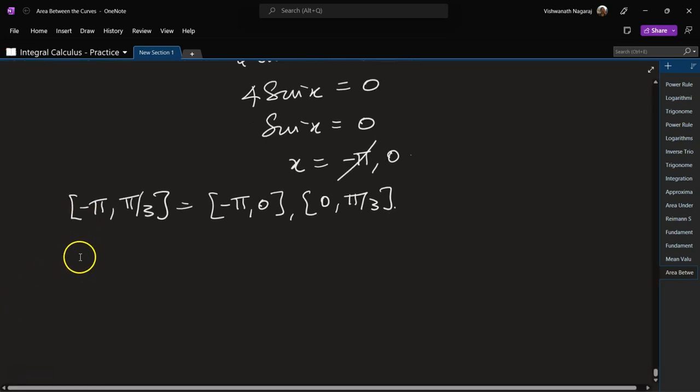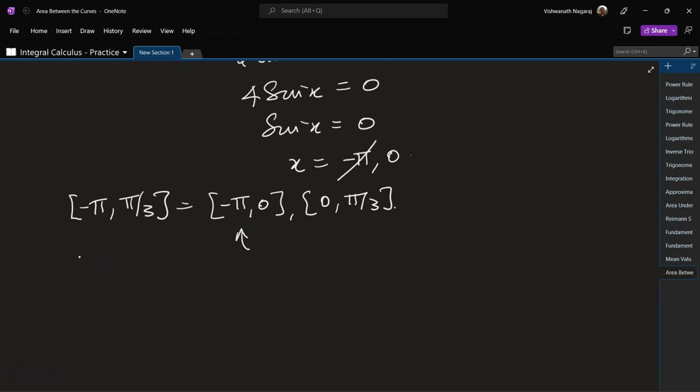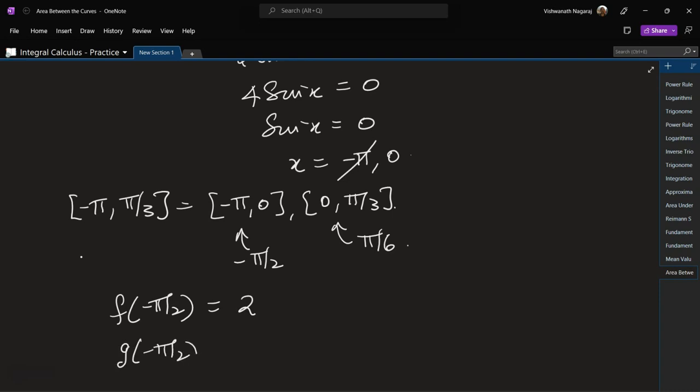Okay. Now here let's pick a value, so let's say minus pi by 2. And here let's pick a value, let us say pi by 6. So f of minus pi by 2 will be equal to 2, and g of minus pi by 2 would be equal to minus 2.